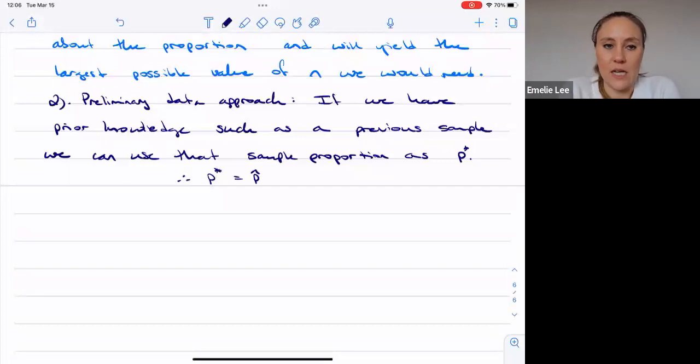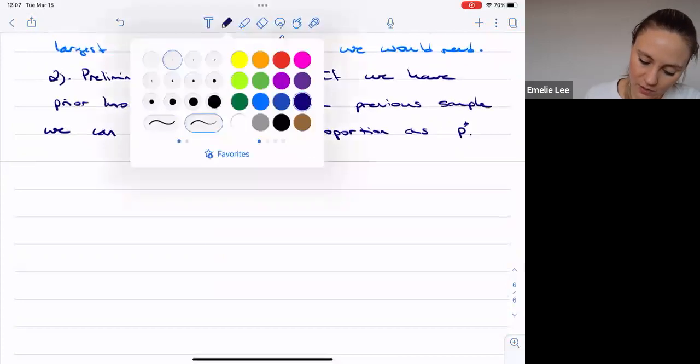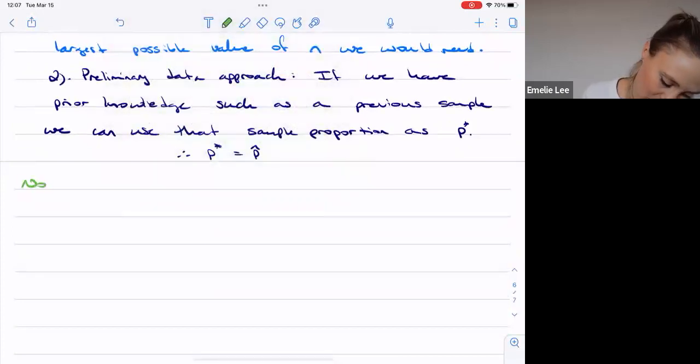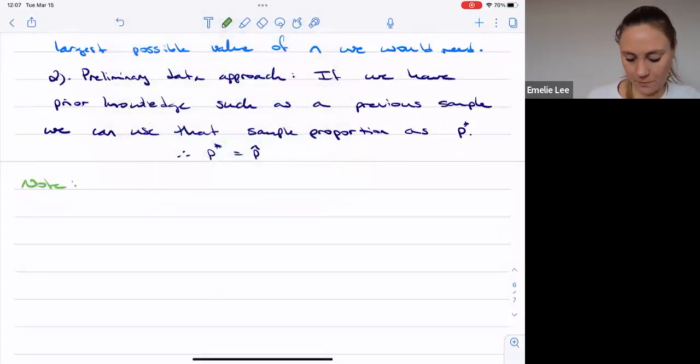One important thing about your sample size calculation, and the last thing that I want to mention, is that because we're taking samples of people or animals or whatever, we can't take a portion of an observation, right? And so one thing here is note, got lots of notes today.